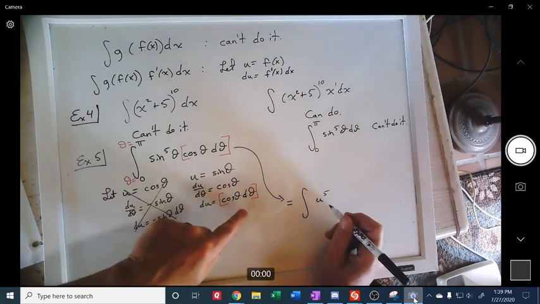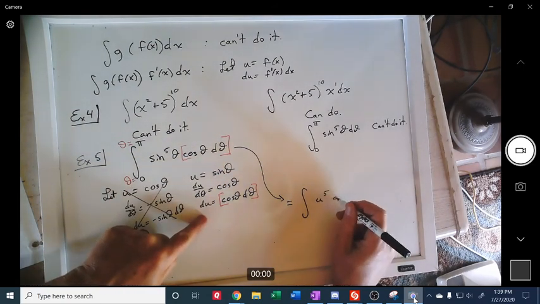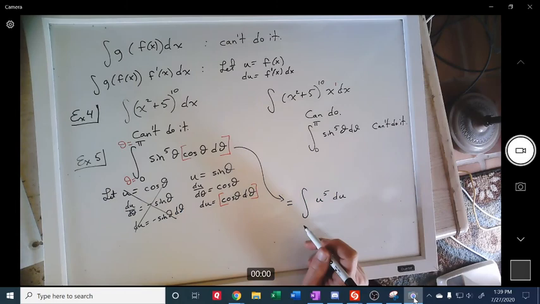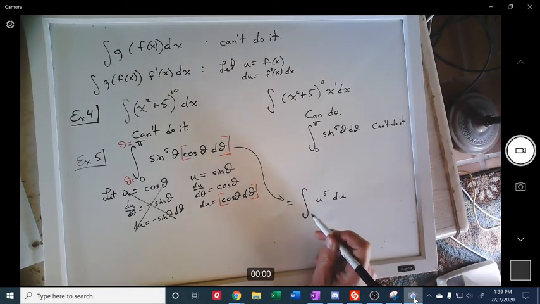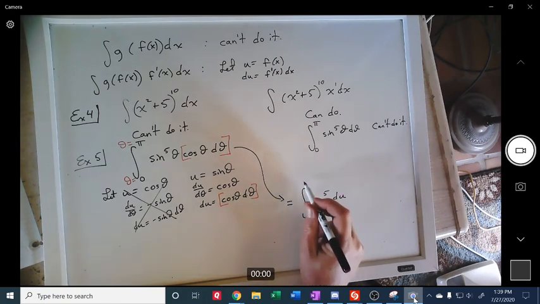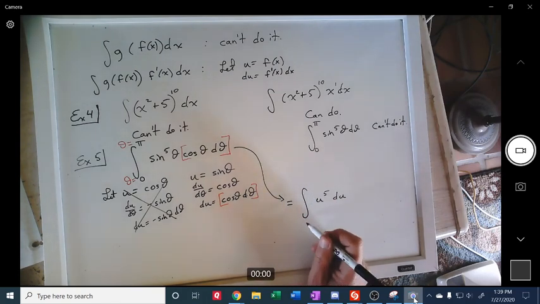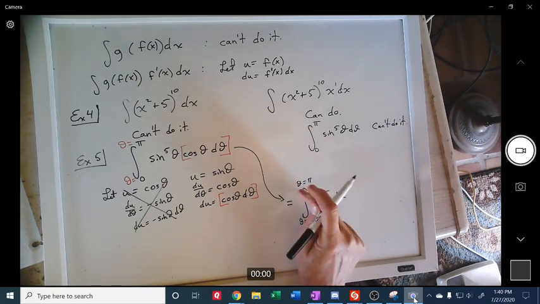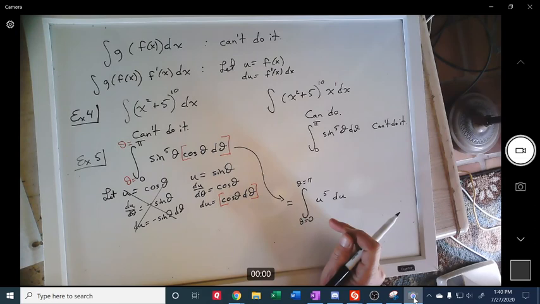Cosine theta d theta becomes du. And here is a very common student mistake. They continue to put 0 and pi. But if they put 0 and pi, you see what the problem would be? They'd still be using thetas.